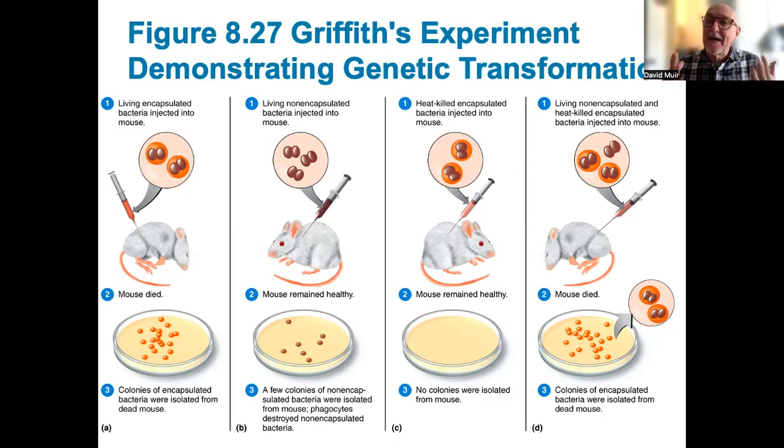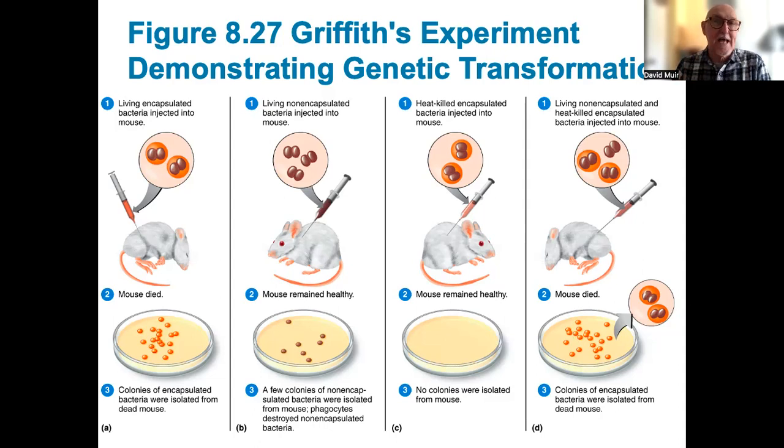It is still there, but the cells themselves are not living. But that genetic information could be transferred to these rough cells and transform them. This is where he got the term from. He called it initially the transforming principle, that something was transferred to the rough, which transformed them into smooth.